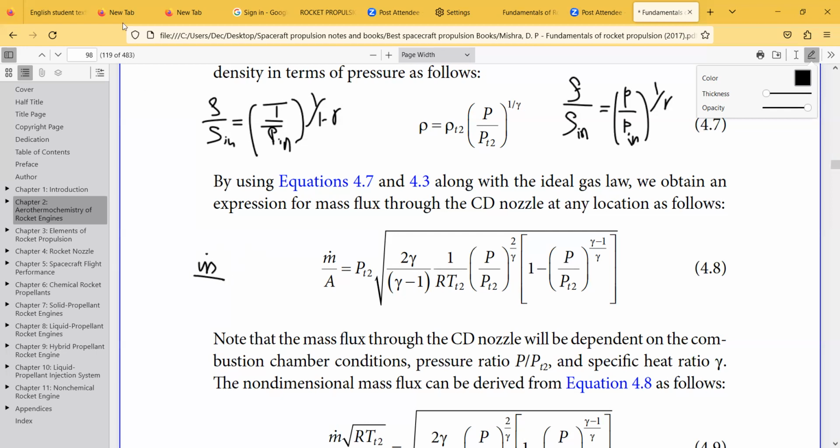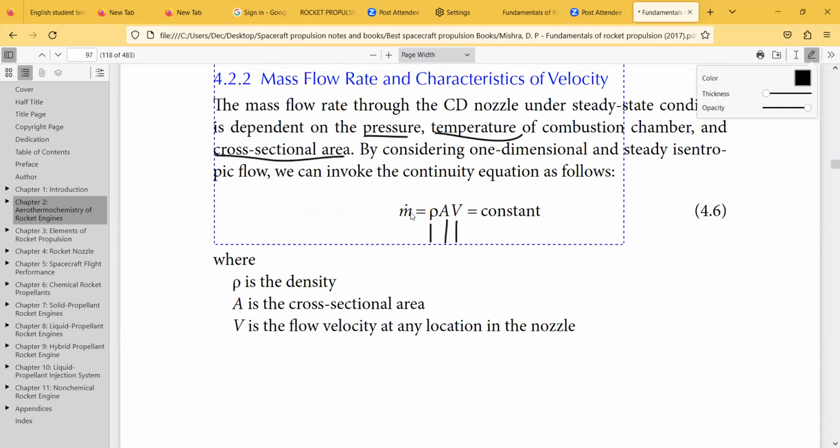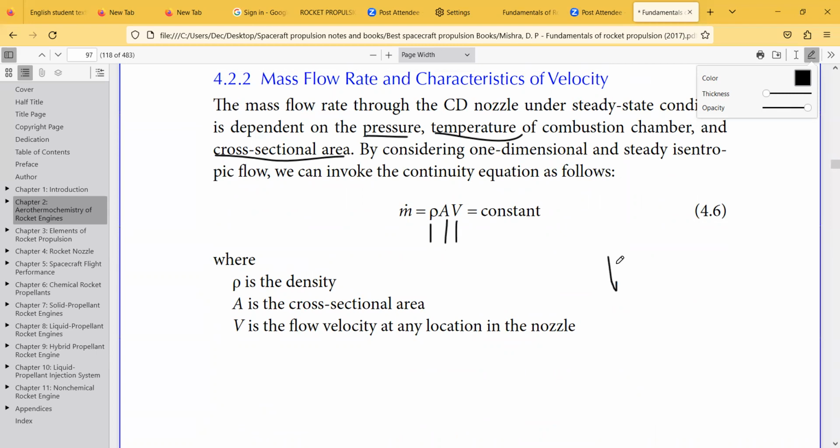We have this relation, m dot is equal to rho A V, and the formula for exit velocity is already given there. So let me bring this A here.